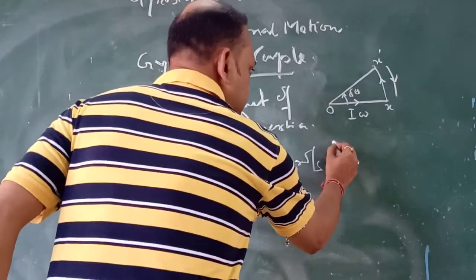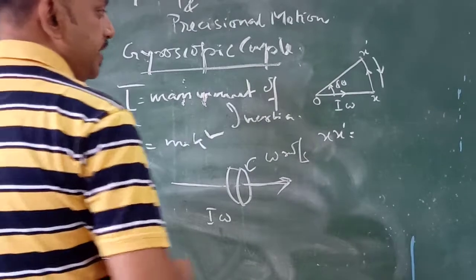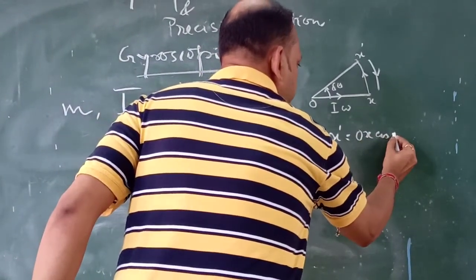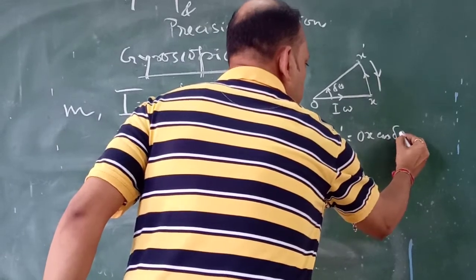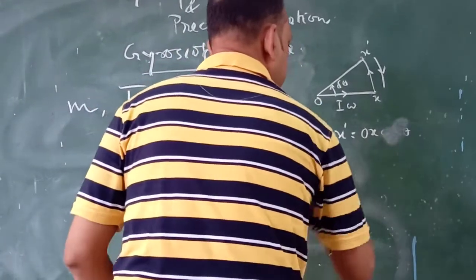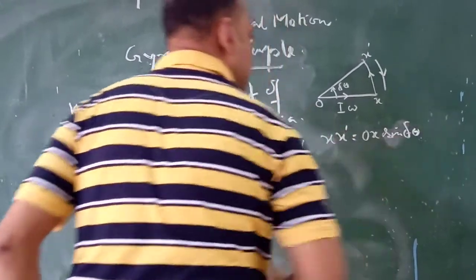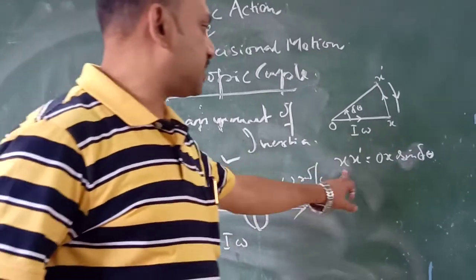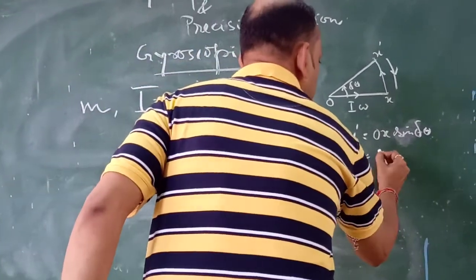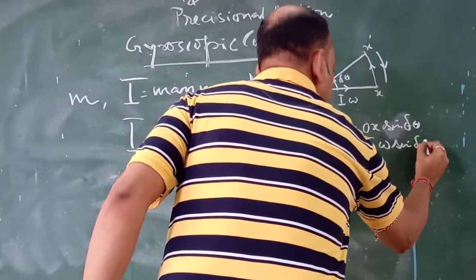So what is XX dash? That can be written as OX sin del theta, and that is equal to I omega sin del theta.